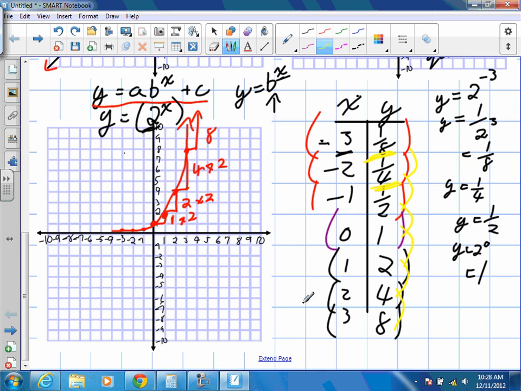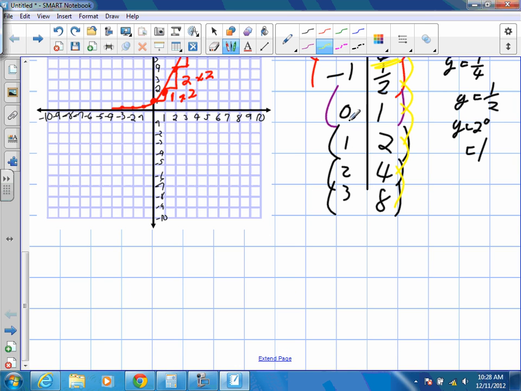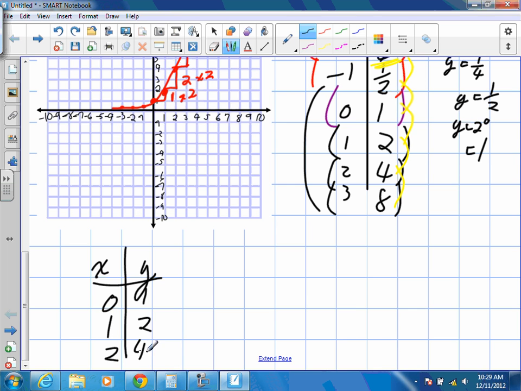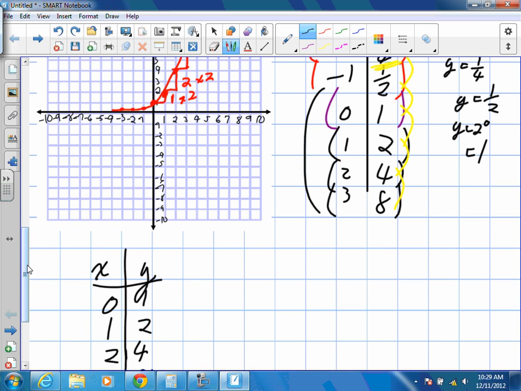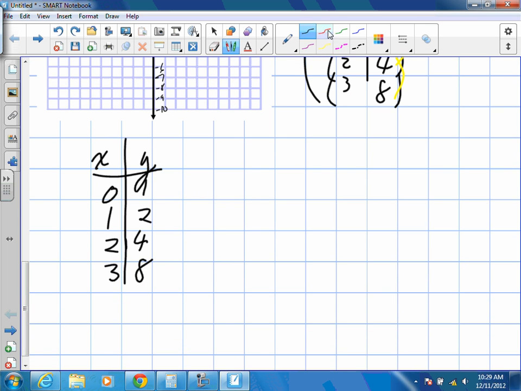So I'm going to take those values, and I'll just focus from 0 up to 3, okay? So we'll go our x and y values. We have 0 and 1, 1 and 2, 2 and 4, and 3 and 8. Okay, I just took the bottom parts of this. We only need so much information to really assume the rest is the same. So to figure out if it's exponential, I'm going to take, we'll call it a division.